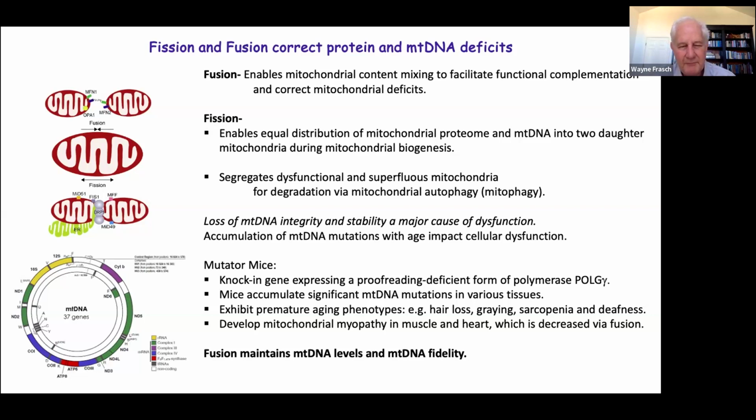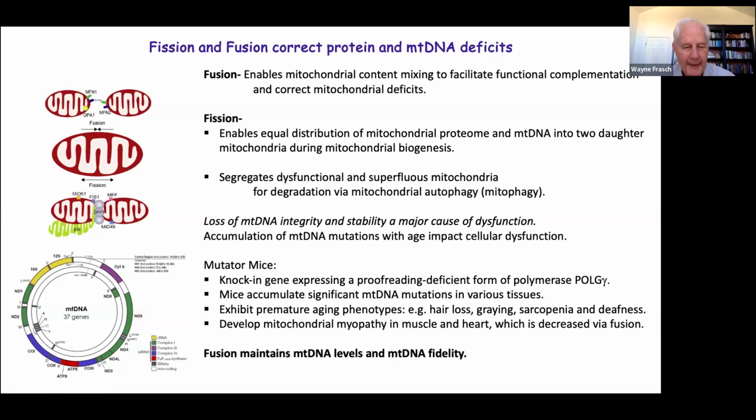And the fission keeps increasing the number of mitochondria that you have, which will increase with exercise. And so anyway, this ultimately segregates the dysfunctional and superfluous mitochondria to get rid of them. And this is a process called mitophagy, where you're actually getting rid of bad mitochondria.